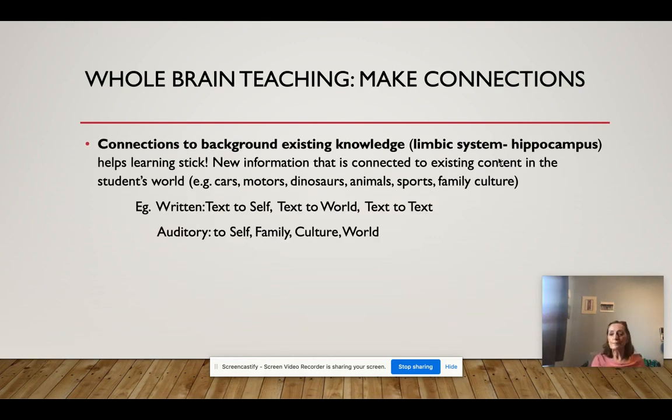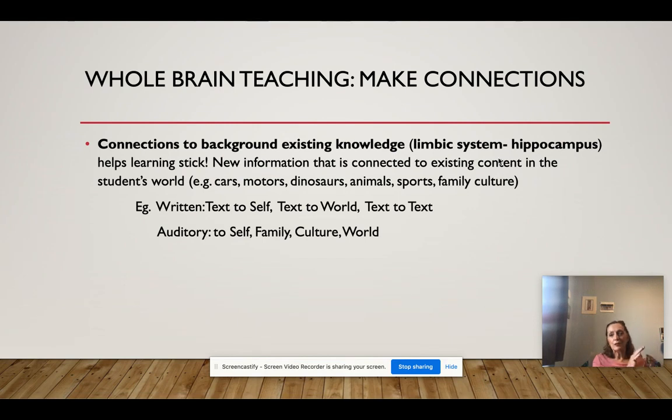So whole brain teaching, this last part that I want to talk about is making connections, and connections to background existing knowledge is really a great thing, because again, we're filing this new information in the hippocampus, but it really helps learning stick when they can file it with something that's familiar.